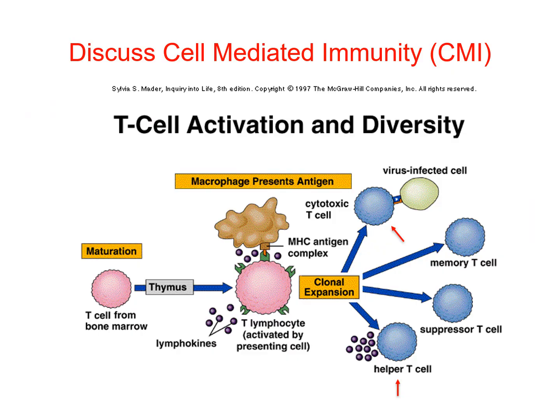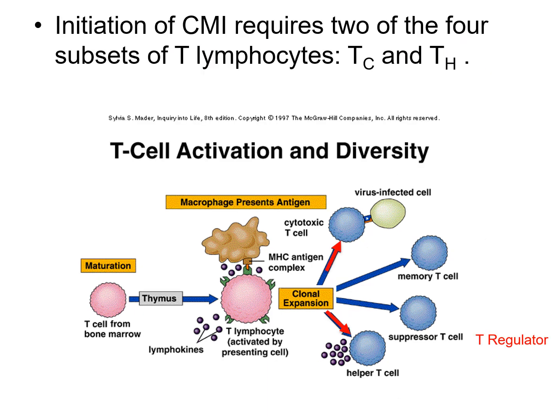We will now discuss only the ones involved in the cell-mediated immunity. They are going to be the T cytotoxic and the T helper. So out of the four subsets, only T cytotoxic and T helper will be involved in the cell-mediated response.